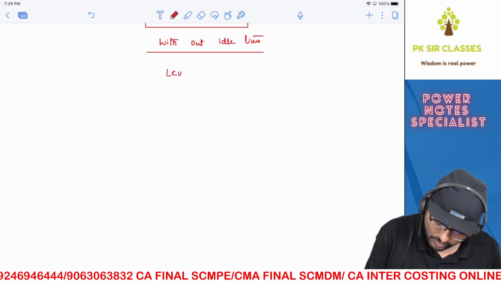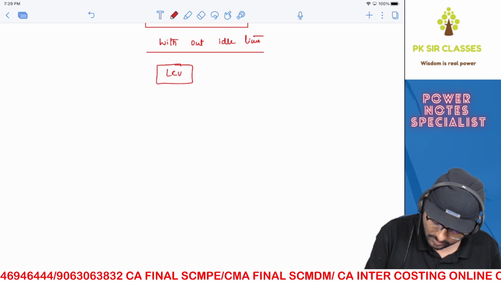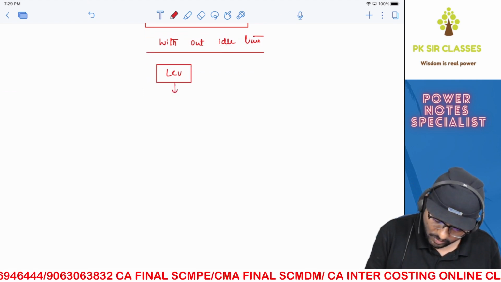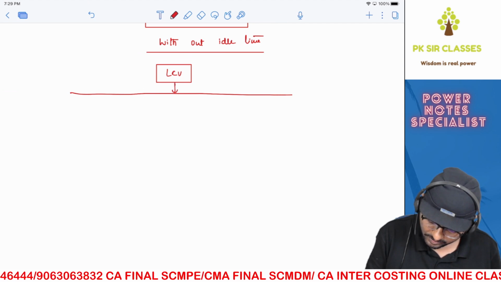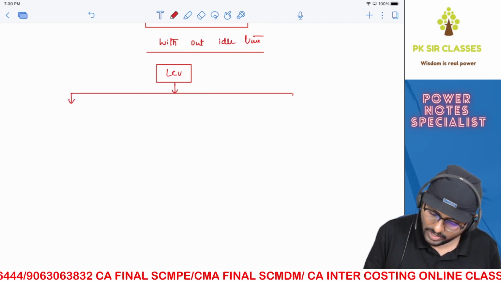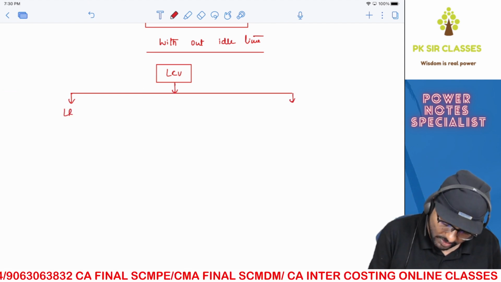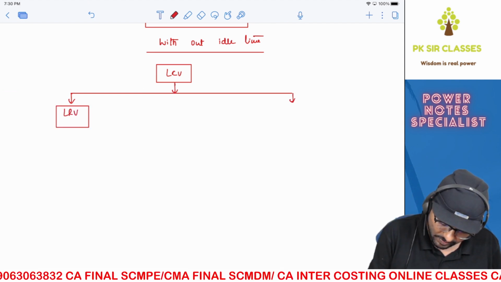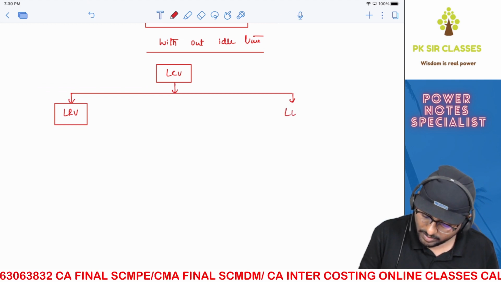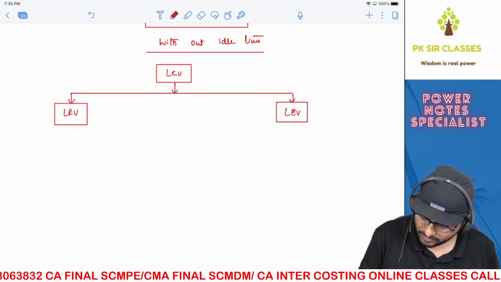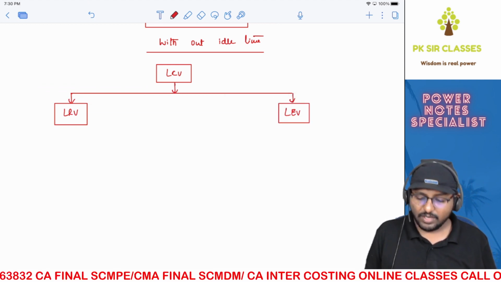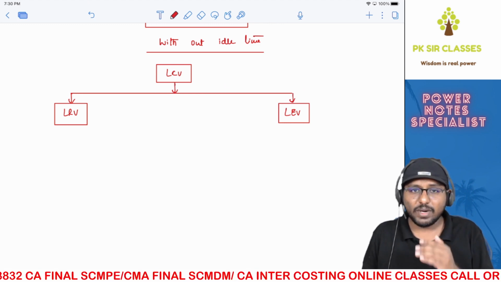So labor cost variance will be divided into two. Hereafter, as I told you, the formulas are going to be the same. So labor rate variance and labor efficiency variance. As usual, if there is only one type of labor, you will stop at efficiency variance.